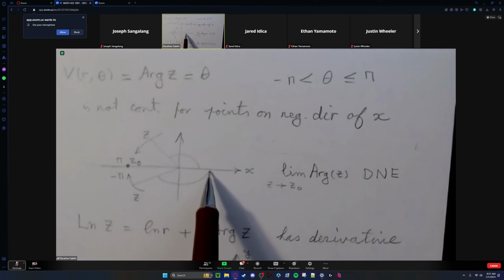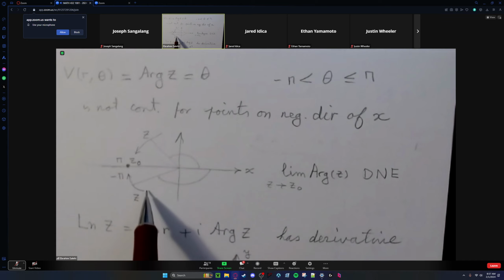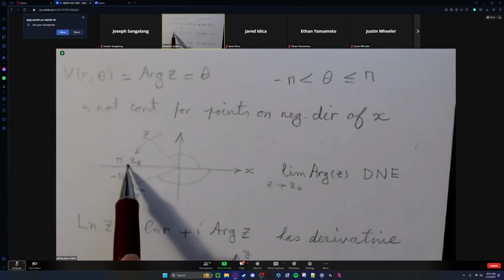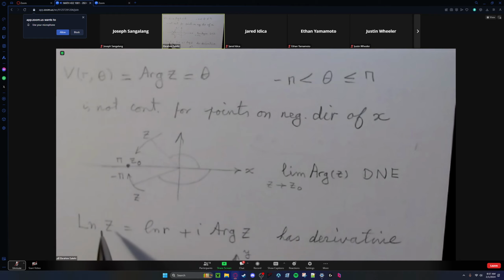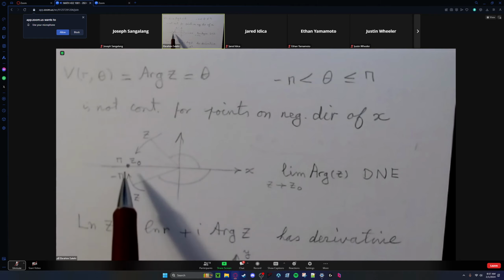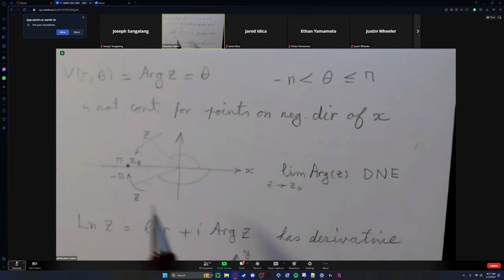And if you take a limit while staying in the third quadrant as z approaches z naught, then the limit will be negative pi. Okay, so the limit does not exist because we are approaching that point from two different directions and producing two different numbers. So the limit does not exist. As a result, the function is not continuous.